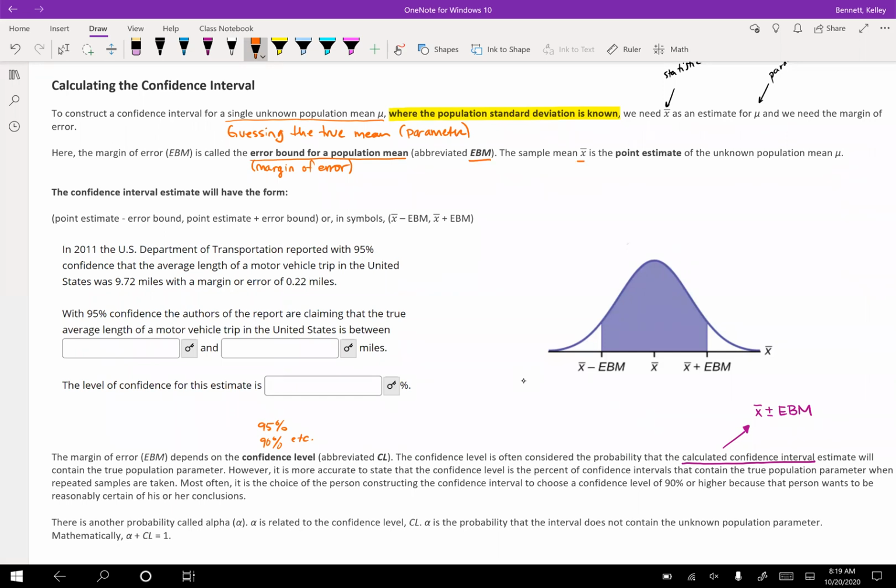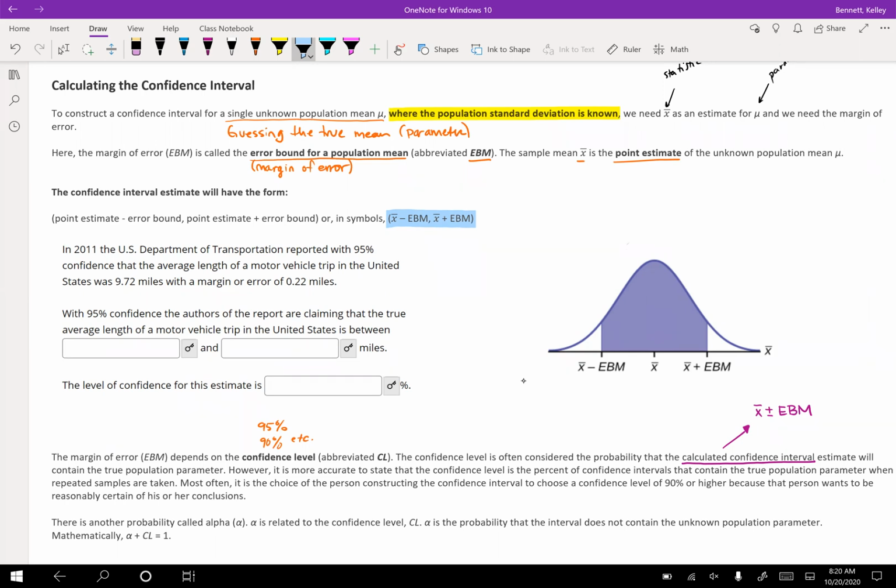So we have our point estimate, X bar, and then we have our margin of error, or error bound for the population mean. And basically, as you can see in this diagram, or in the structure of the confidence interval itself, you're just starting at your point estimate, going to the left by your margin of error and to the right by your margin of error, and that gives you the confidence interval.